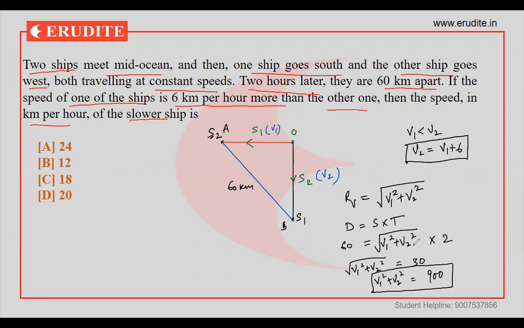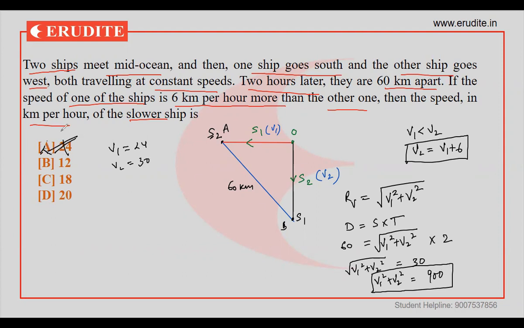So rather than solving this equation, guys, use the options itself. If I'm checking the options one by one, if I'm assuming that the smaller speed is 24, then v1 is 24 and v2 will be 30. 30 square is 900 and their sum is more than 900, so it is not possible itself.